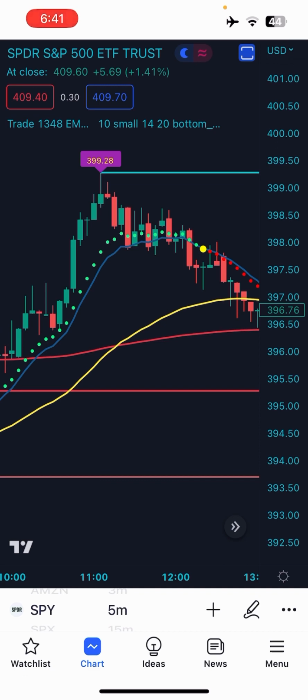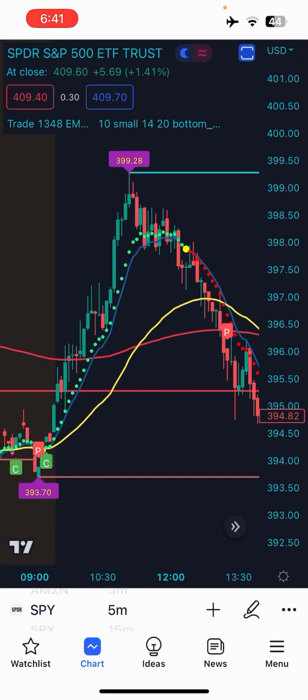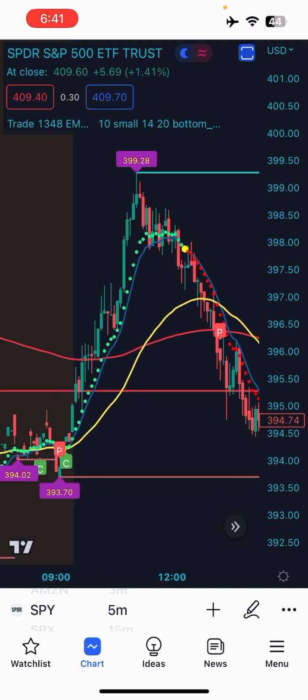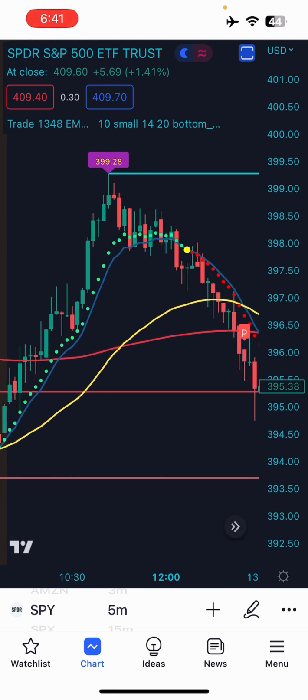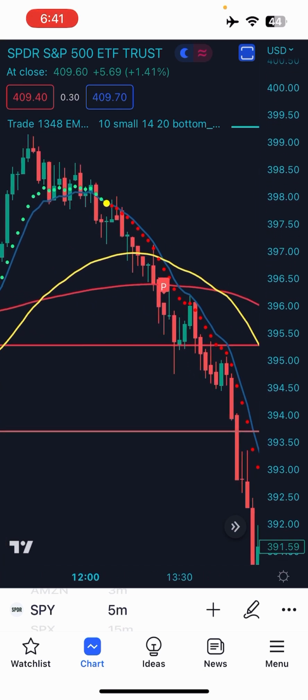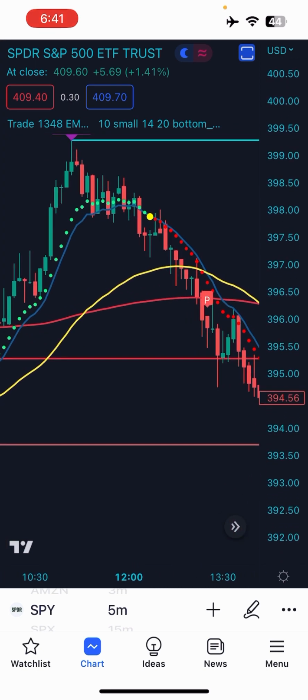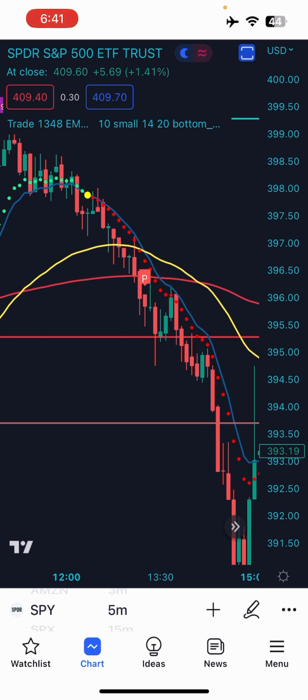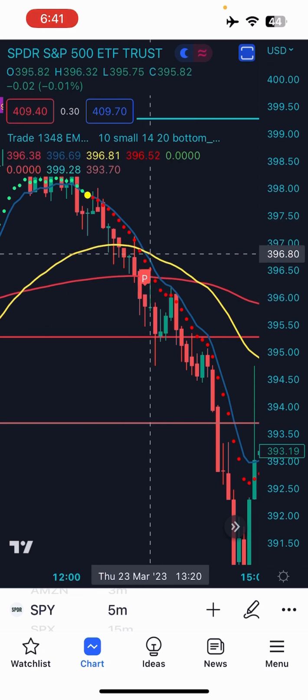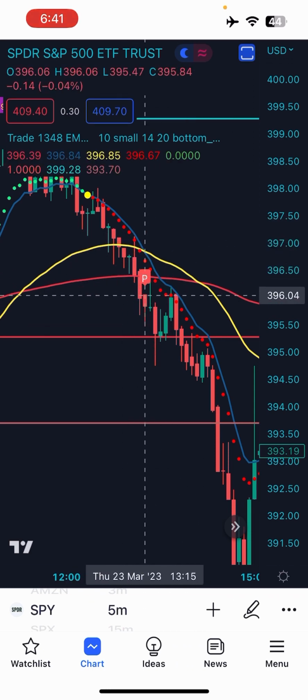So the 200 EMA is always going to act as a really strong resistance or support level, and a trend indicator is going to determine when you're going to make that move, right? Right here you see an example of, in this case, a put option. I went in this put option right here.